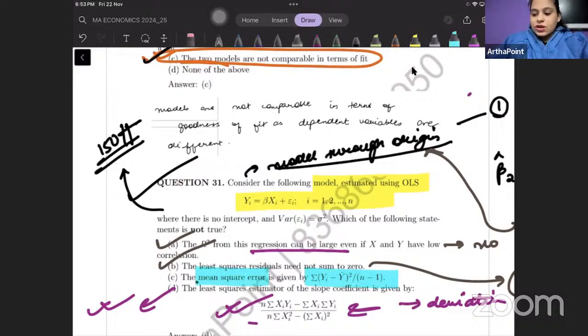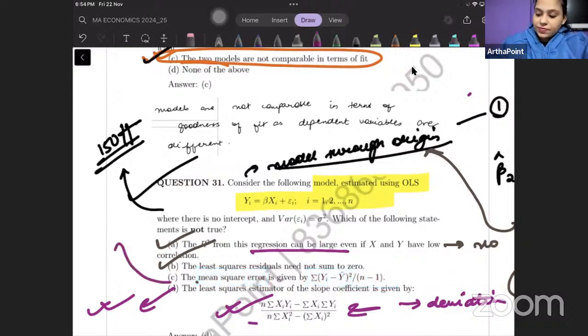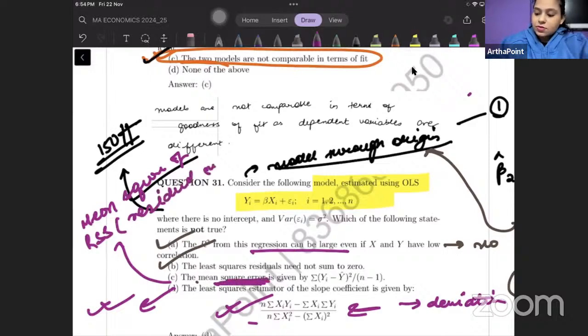So that is also incorrect, right? Sorry, mean square error. So this is the MSE. This is the mean square of RSS, the residual sum of squares. This is saying mean square error, the mean square of the error term. So residual sum of squares.